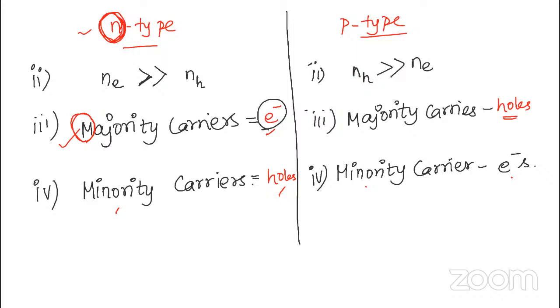One more thing, you should put a table. This is for N type and this is for P type.